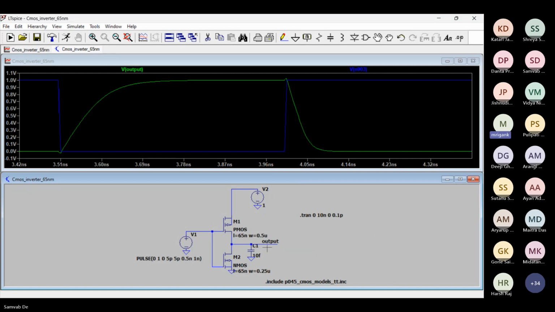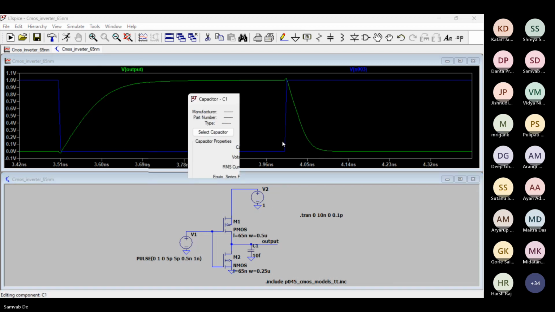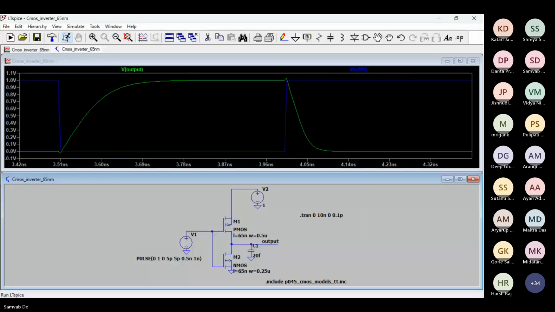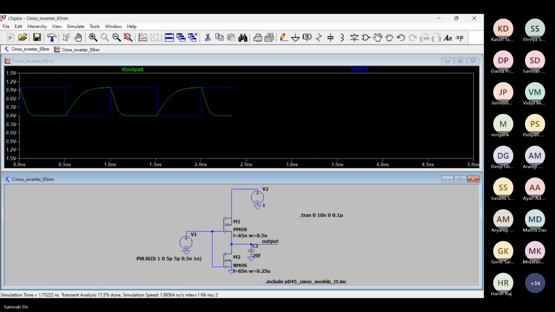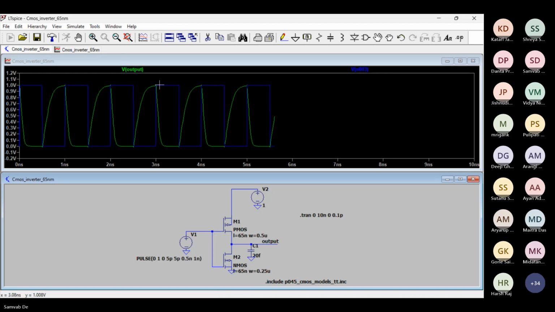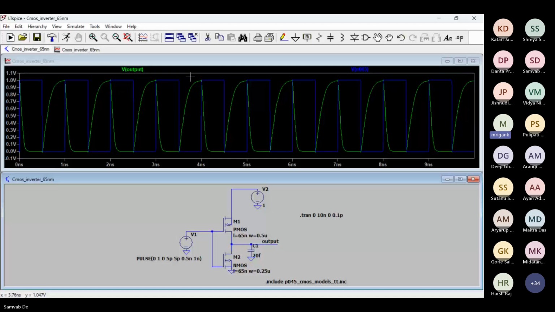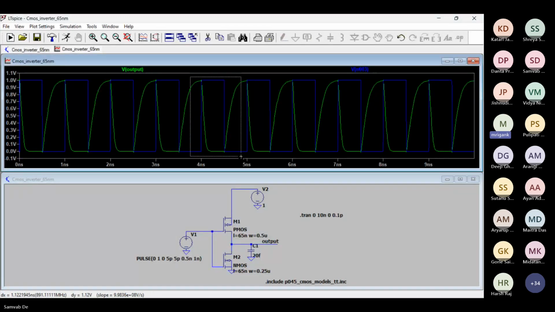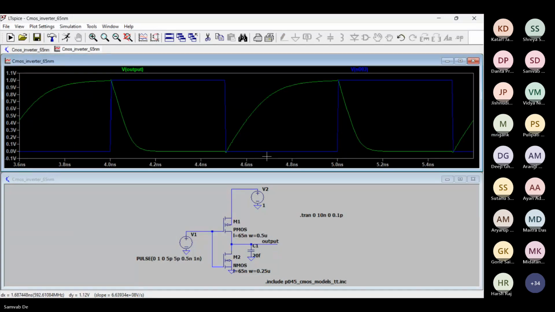Make it say 20 femtofarad. Zoom into that one waveform, one or two periods. What is the difference? Any difference that you are noticing?